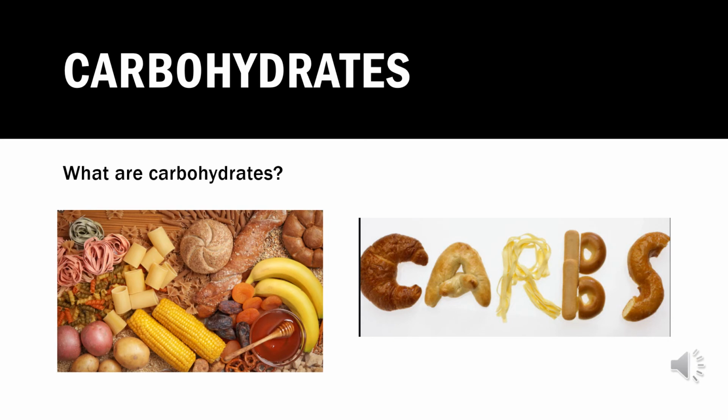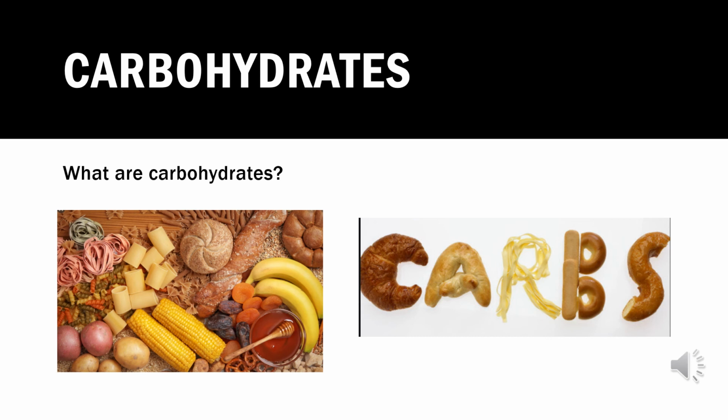So what foods are carbohydrates? This is probably one of my favorite food groups. I like carbs. So breads, pastas, potatoes, corns, all these other different kinds of things are carbohydrates. Okay, so carbohydrates are energy foods.